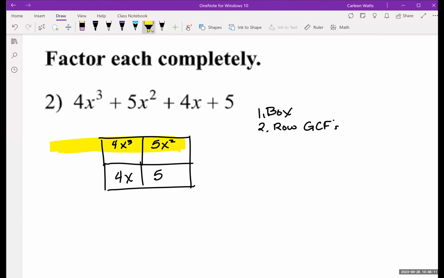The GCF of the top row. Their coefficient does not have anything in common. But we can see that the biggest variable term that they both have ends up being the smallest of the row, right? Because it has to be in common. I can't do x cubed because not everything has x cubed. So that is the row GCF.